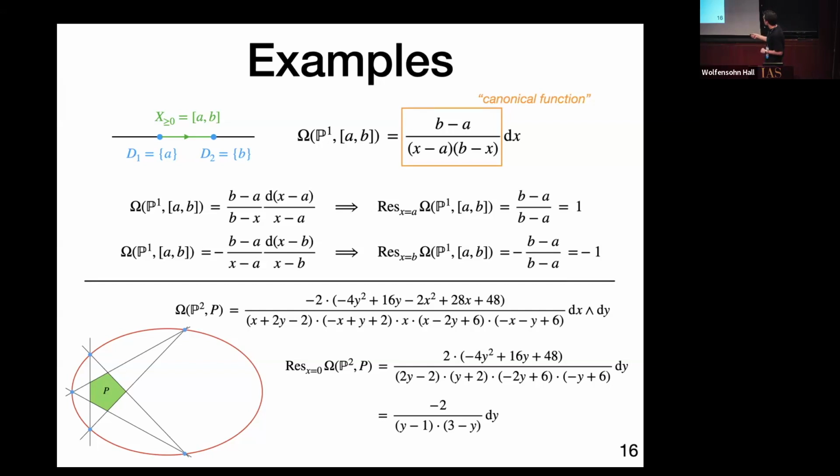So now I have a 1-form on this boundary x equals 0. At first glance, this looks a bit problematic, because now this has 4 poles, while my line segment only has 2 boundary points. I can only have poles along the boundary of this line segment. But fortunately, we fixed the numerator to be something that cancels these extra poles.